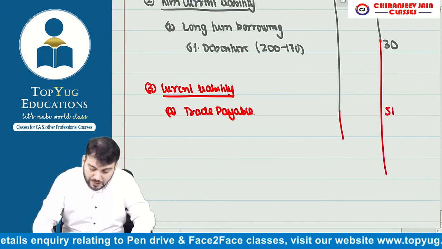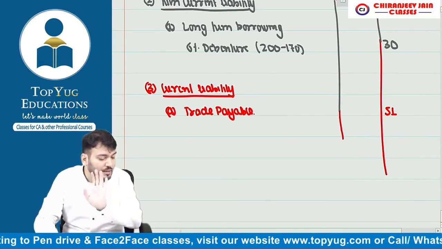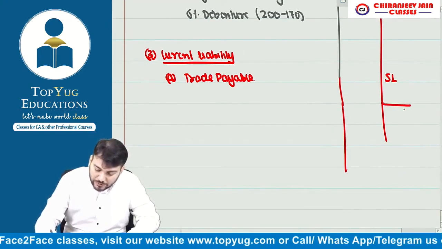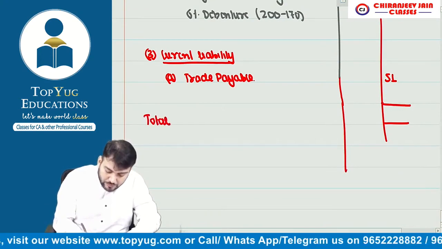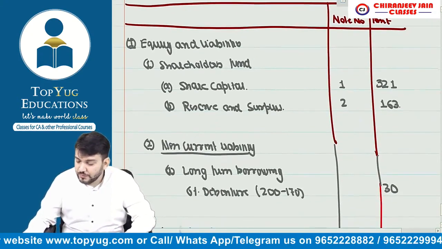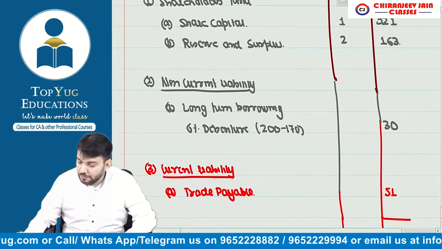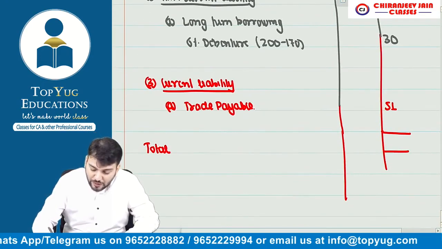Correct, 51 lakh. Now there is no other current liability because interest accrued has been paid. So we'll make a total of this. Tell me, how much is the total? It is 321 plus 163 plus 30 plus 51 is equal to 565.